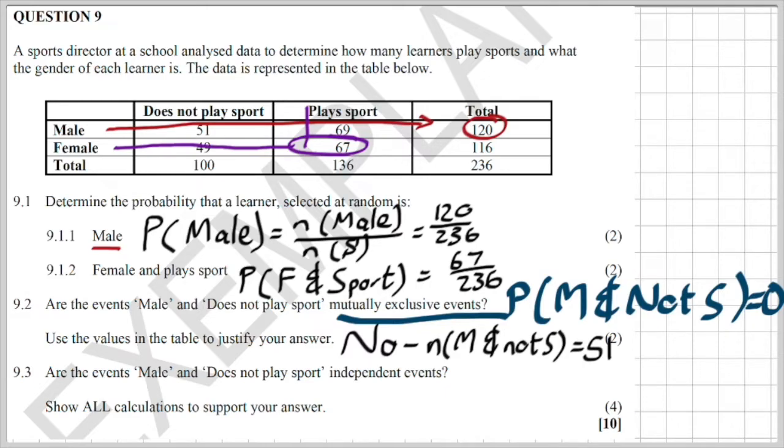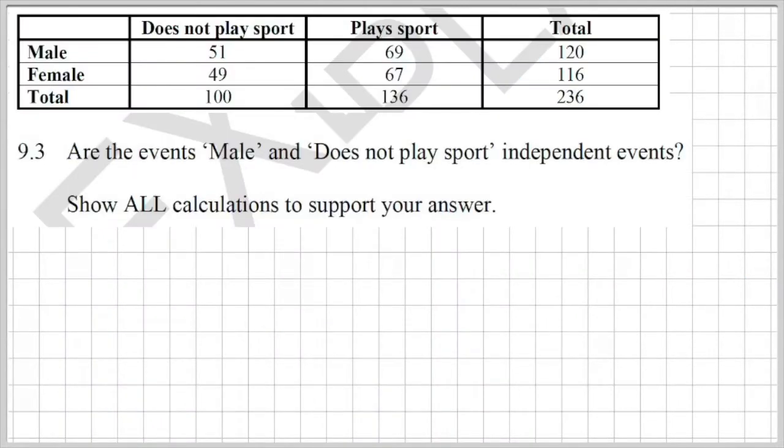Okay? But for 9.3, we have to go on to the next page. Are the events male and does not play sport independent events? So what do I need to prove for events to be independent?